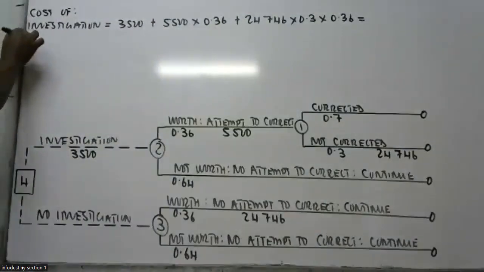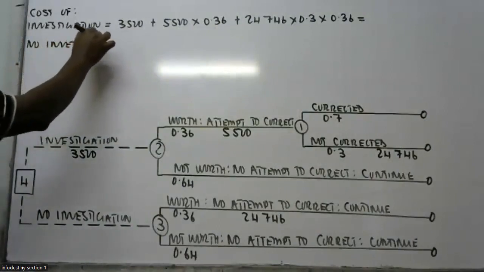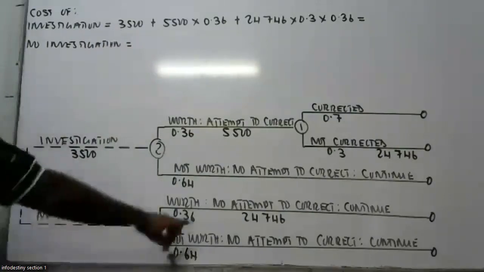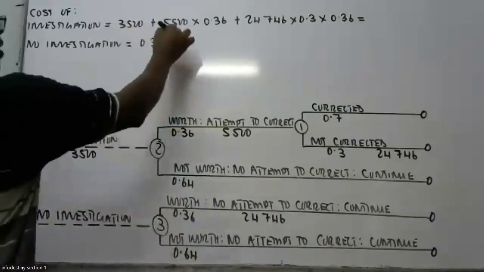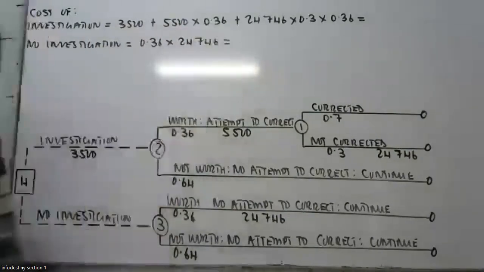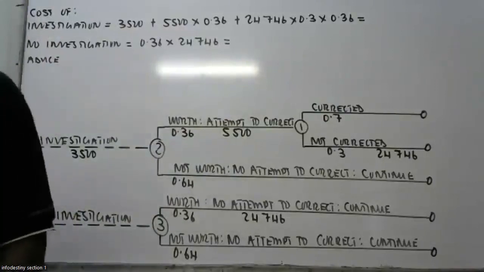And cost of no investigation, it is just one. This one, 0.36 multiplied by 24,746. So compute those two and then you tell me what you will advise, whether we should do an investigation or not.